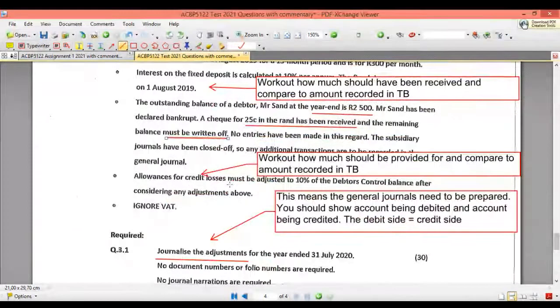And then the allowances for credit losses must be adjusted by 10% for the debtor's control balance after considering any adjustments above. So that means this adjustment for the outstanding balance, we need to take that into consideration when working out the credit losses, because the balance currently shows that 2,500. Okay, so let's then look at how you would do the entries.